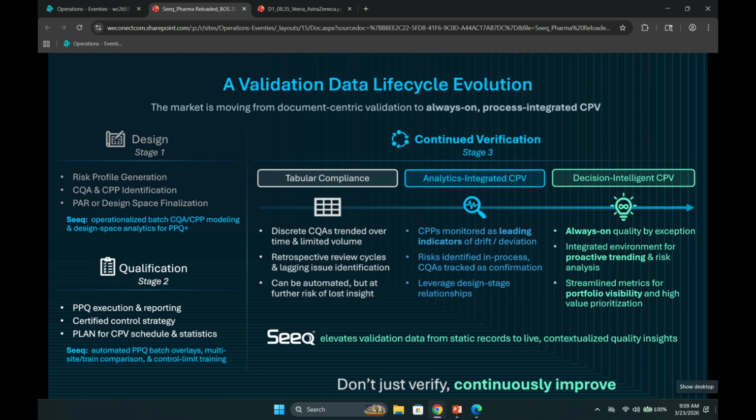At Seeq, though, we believe that all of this design stage and development data should be used in real time to enable more efficient processing and provide more deep preventative action, real time before a problem occurs. We really don't want you to just verify with a static stamp of approval. We want you to continuously improve your organization to make better, higher quality products for your patients.